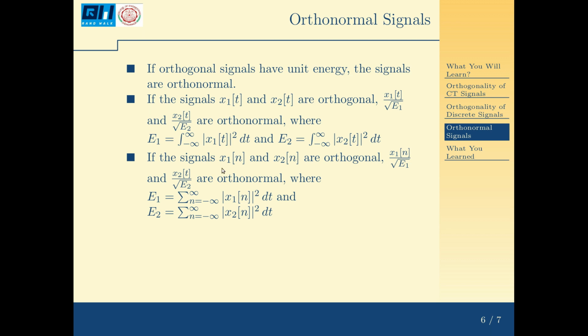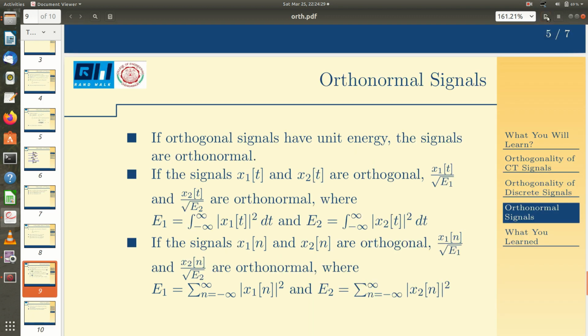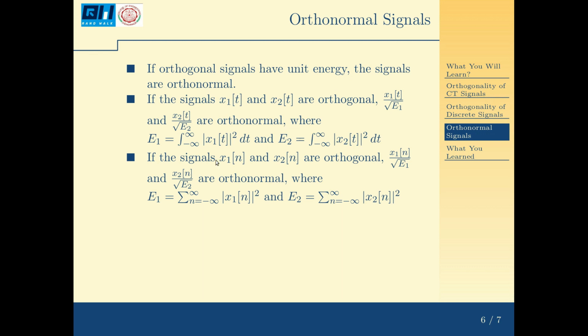Likewise, in the discrete domain, if the signals x1[n] and x2[n] are orthogonal, then x1[n] by root of E1 and x2[n] by root of E2 are orthonormal, where E1 is the summation over n from minus infinity to infinity of mod x1[n] squared, that is the energy of x1[n], and E2 is the energy of x2, the summation over n from minus infinity to infinity of mod x2[n] squared.